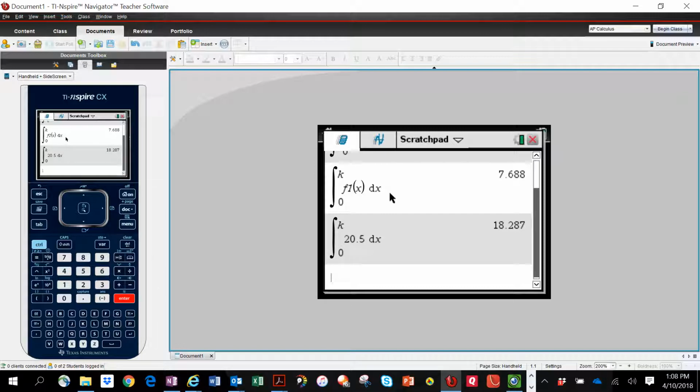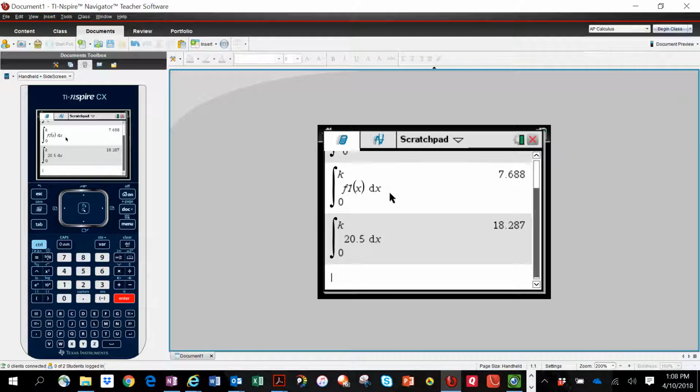And all of that is looking pretty good. So tank A has approximately 7.688 liters in it at this time. Tank B has approximately 18.287 liters.